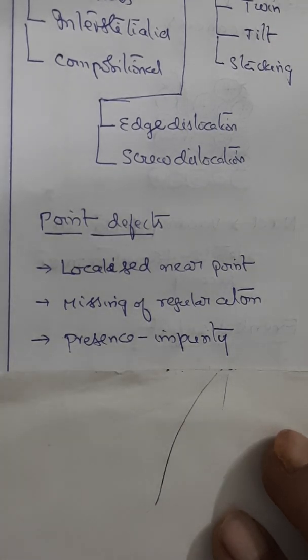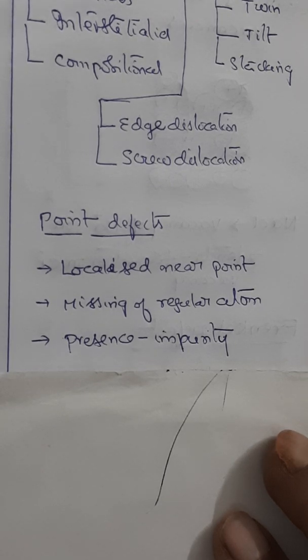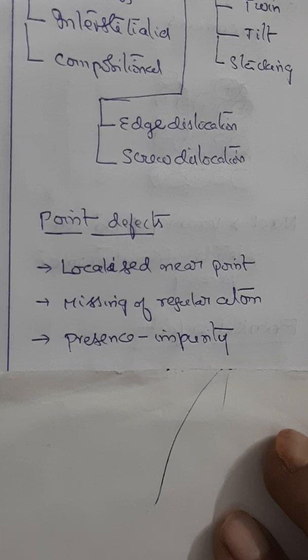The best way to understand a point defect is this: if a defect is localized near a point or atom in the crystal structure, then it is known as a point defect. This defect occurs due to imperfect packing of atoms during crystallization.